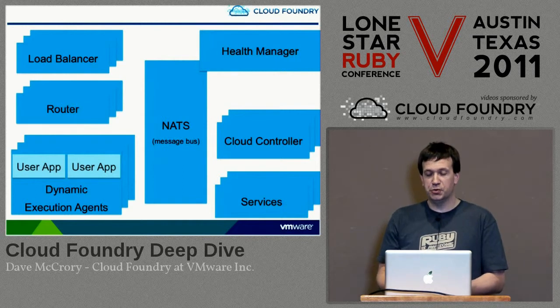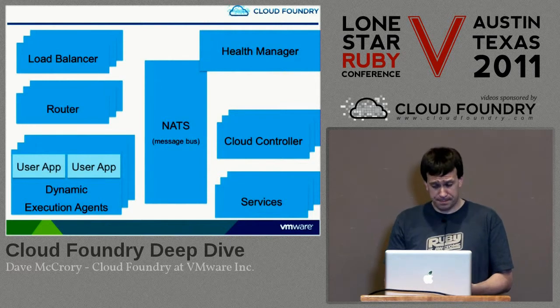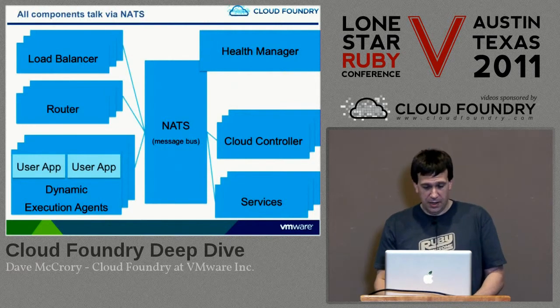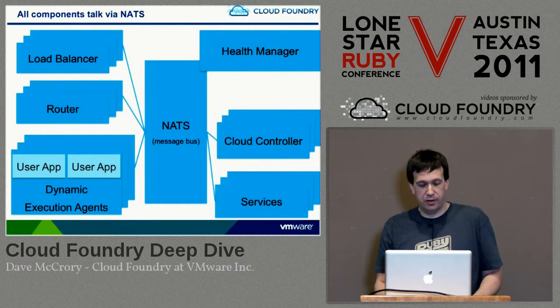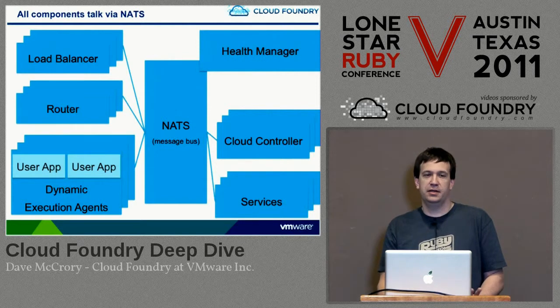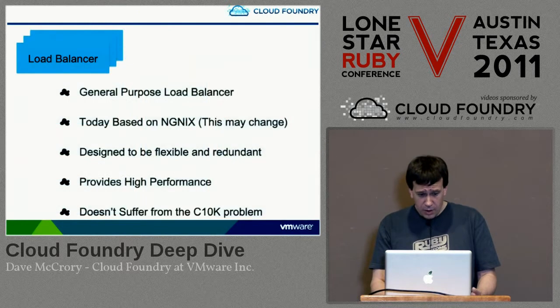There's the health manager, which listens on NATS, the cloud controllers, and then services. So NATS is connected effectively to everything. The health manager listens to virtually everything that happens across Cloud Foundry's internal communications. And I'll go through each of the different components.